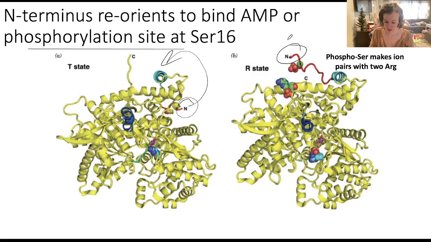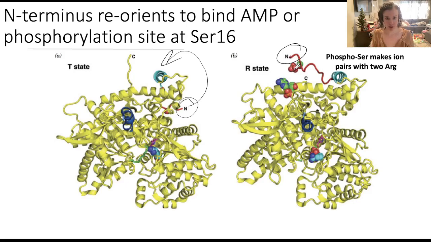Now, if this amino acid here, which is a serine, is phosphorylated, that's what you're seeing here in the image. If serine is phosphorylated, suddenly it's gained a negative charge, right? It went from polar neutral to negatively charged. This is a big difference.